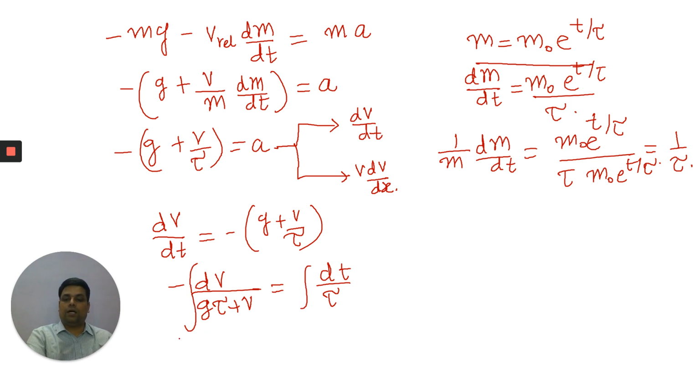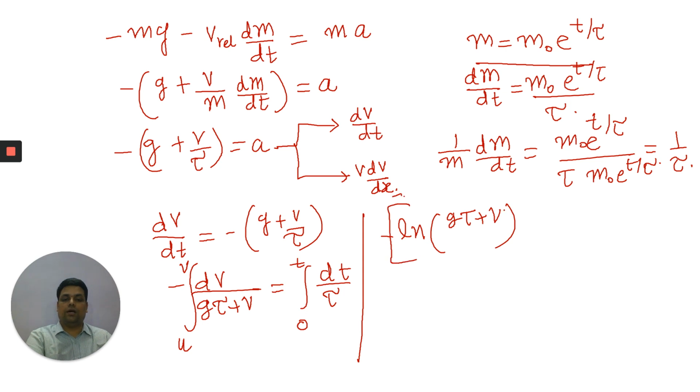Initially velocity is u, finally velocity is v, in the time interval 0 to t. We would arrive at ln of g tau plus v, substituting the limits u to v, equal to minus t by tau.